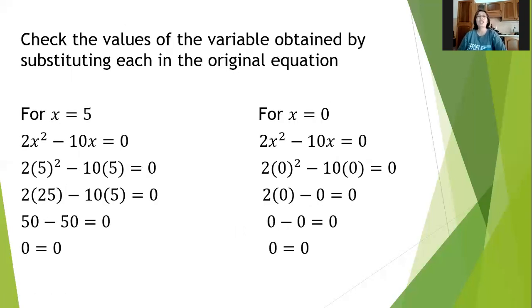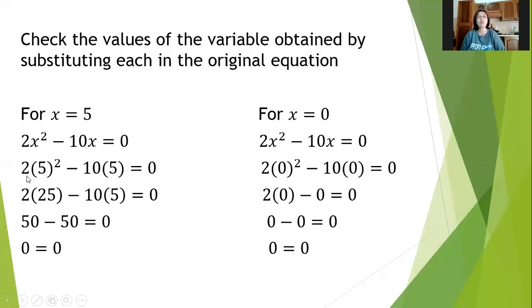Now, check the values of the variable obtained by substituting each in the original equation. Let us check if our answer is correct. For x sub 1 is equal to 5, we have 2x squared minus 10x is equal to 0.